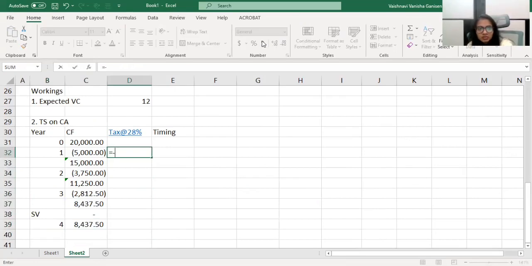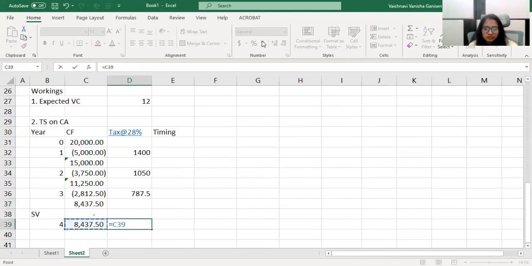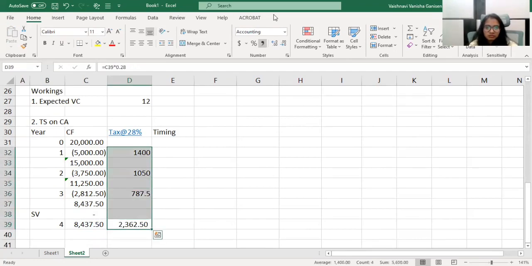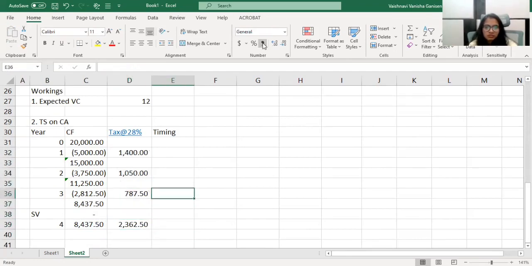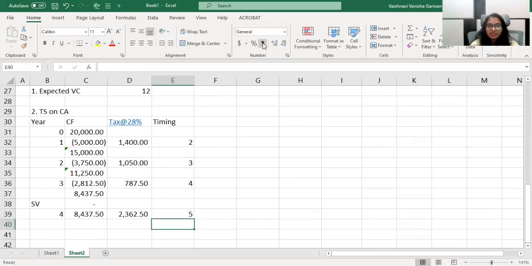Your tax equals negative this, multiply 0.28. Copy, paste. So your timing 2, 3, 4, and 5.